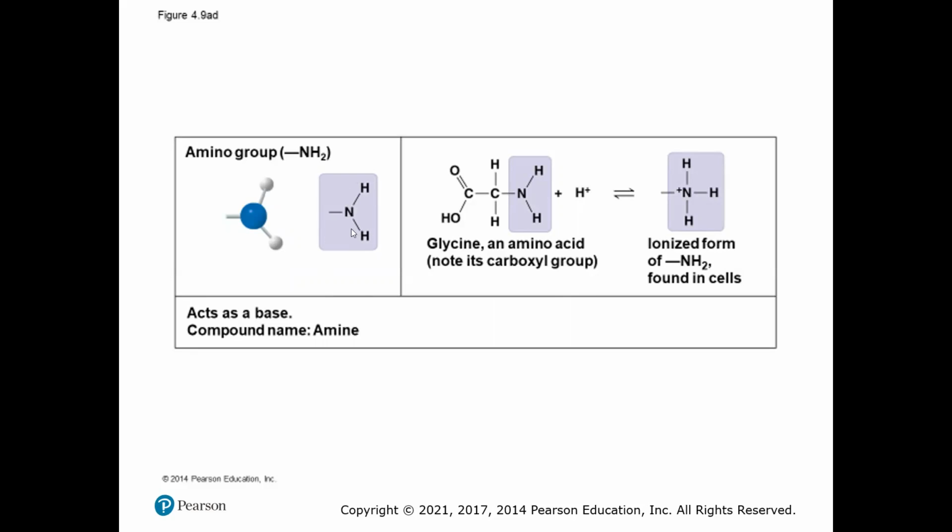Why? Because it picks up or strips hydrogen ions from the solution or from the water in which it is dissolved. And of course, the compound name is amine. You need to memorize all of these groups and their functions.